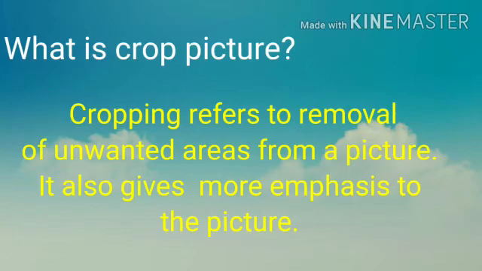To remove those unwanted portions, what we do is crop the picture. So what is crop picture? Cropping refers to the removal of unwanted area from a picture. It also gives more emphasis to a picture so that the picture will look more attractive when we insert it in the document.